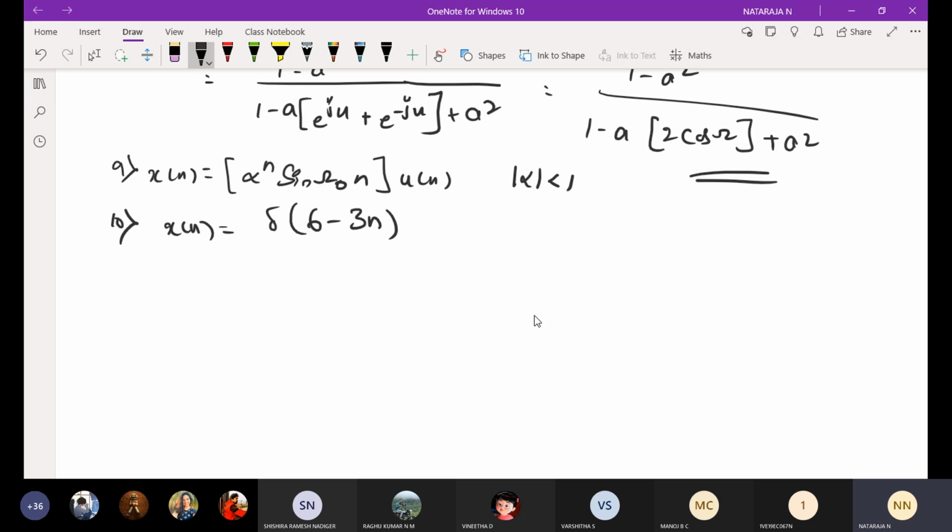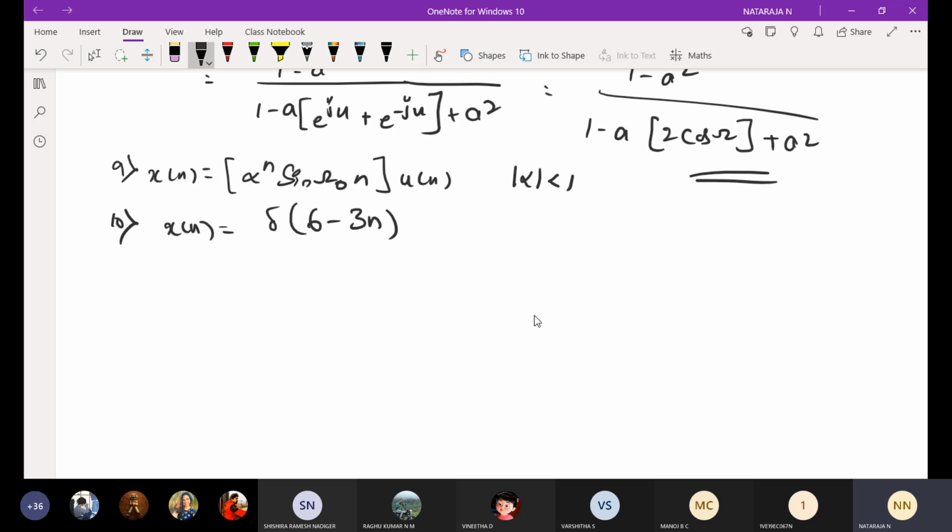Delta of 6 minus 3n is equal to 1 when 6 minus 3n is equal to 0. 6 is equal to 3n, so n is equal to 6 by 3, that is 2.